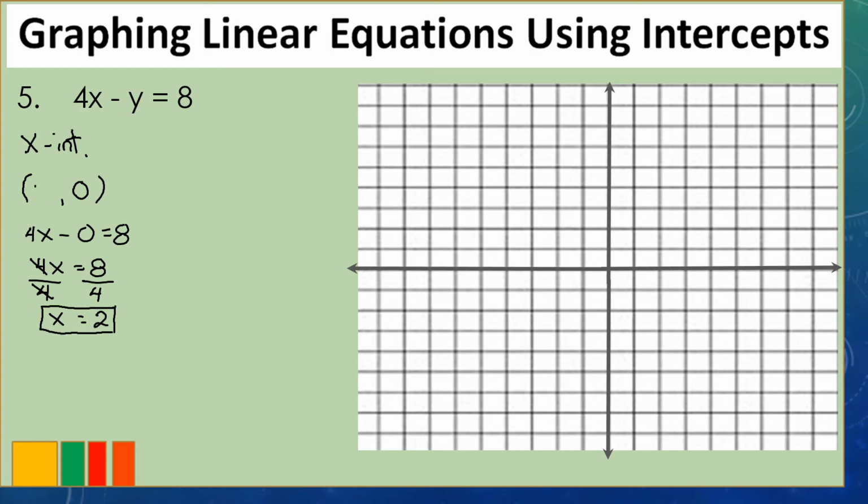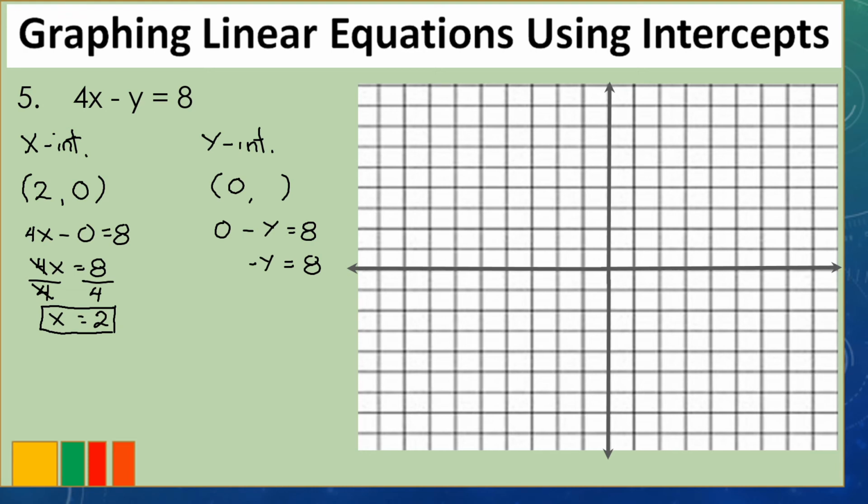This will be 2. Now for the y-intercept, this time the x will be 0. If x is 0, the term with x cancels, because any number multiplied by 0 will be 0. So therefore, this will be negative y equals 8.